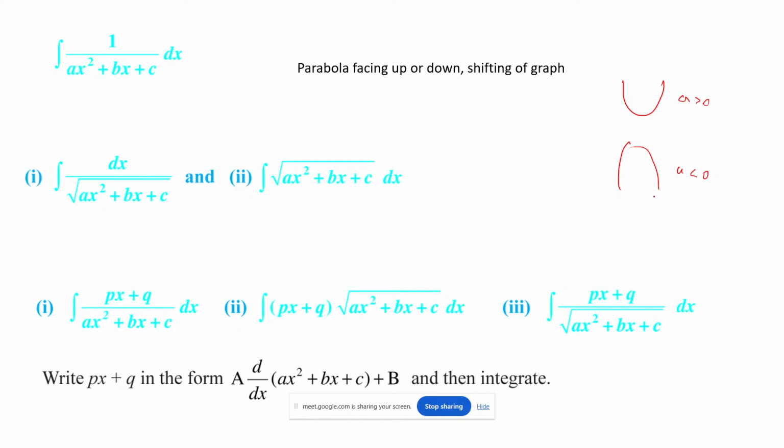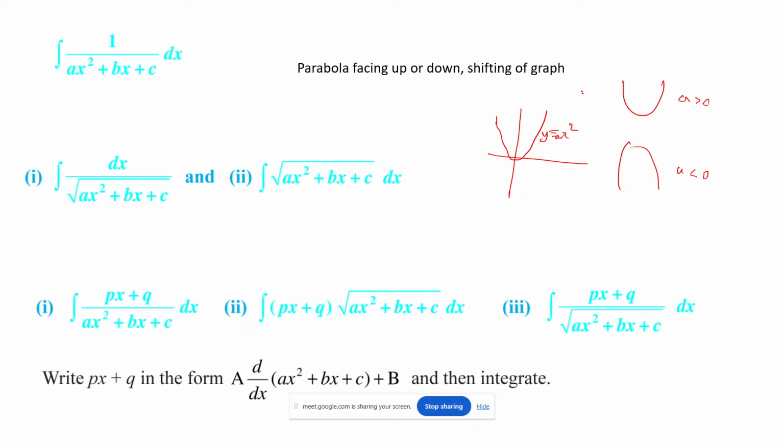Now, if it is facing upwards, we remember the transformations of graphs, right? This is y equals to ax square, right?